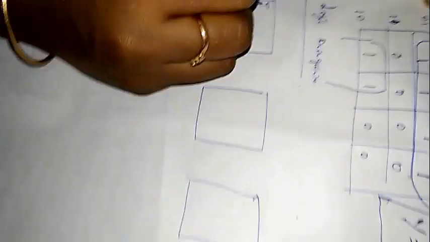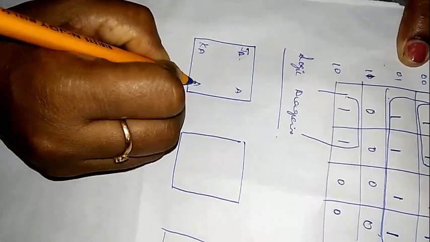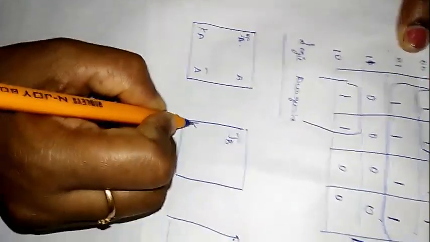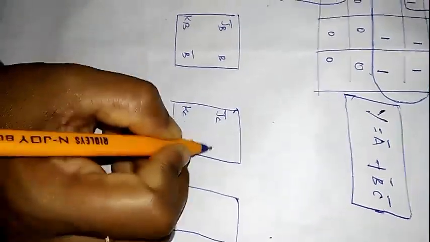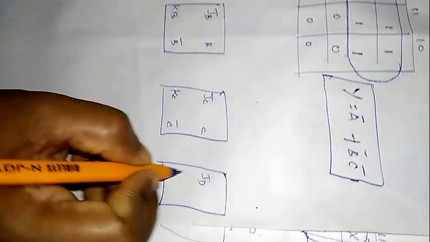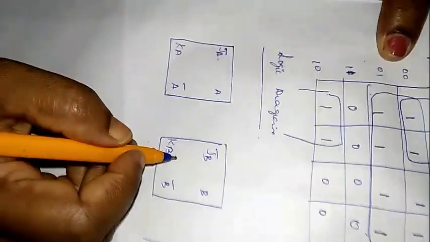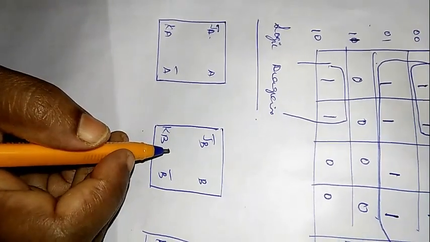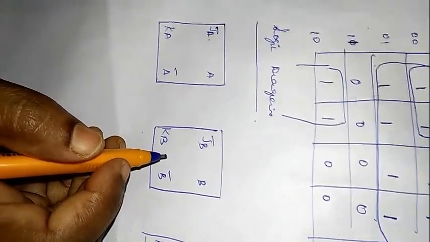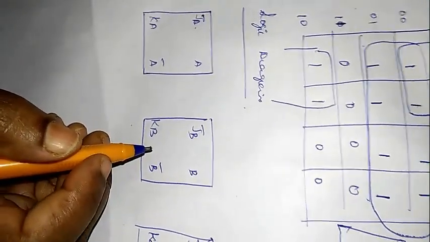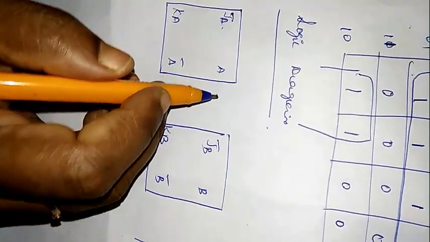Here it is JA, KA, here it is JB, KB, JC, KC, here it is JD, KD. Now as I told you, the main function of an asynchronous counter is that it is connected in such a way that the output of the first flip-flop drives the clock for the next flip-flop, right?